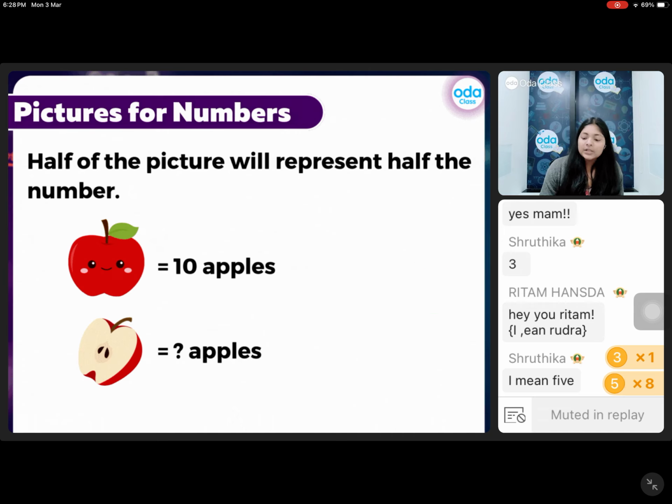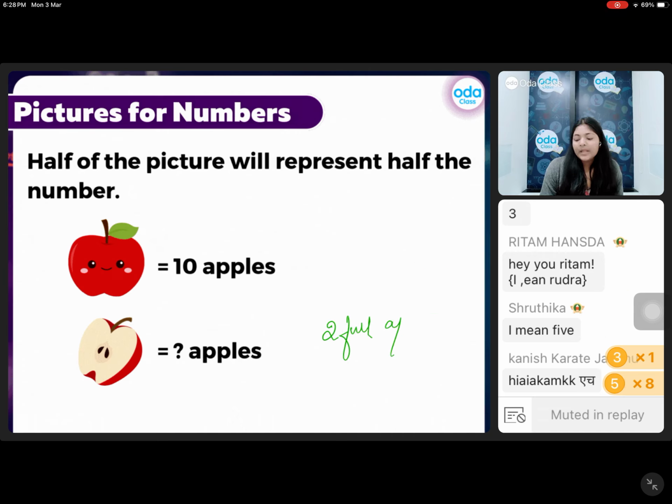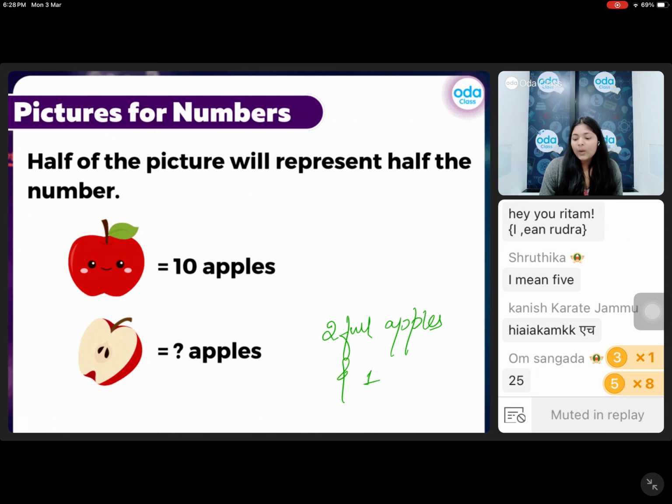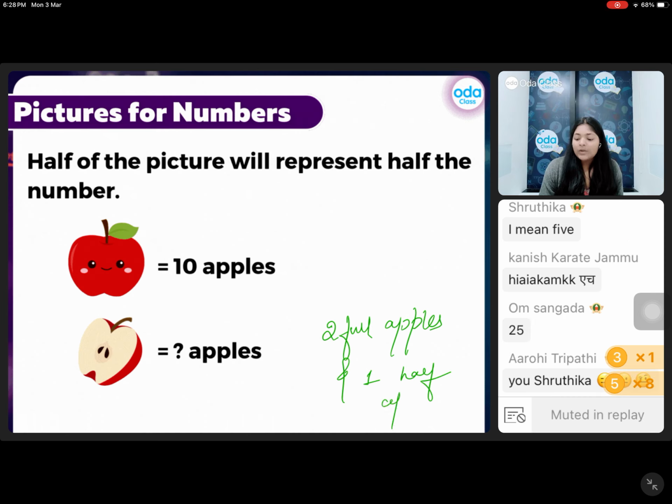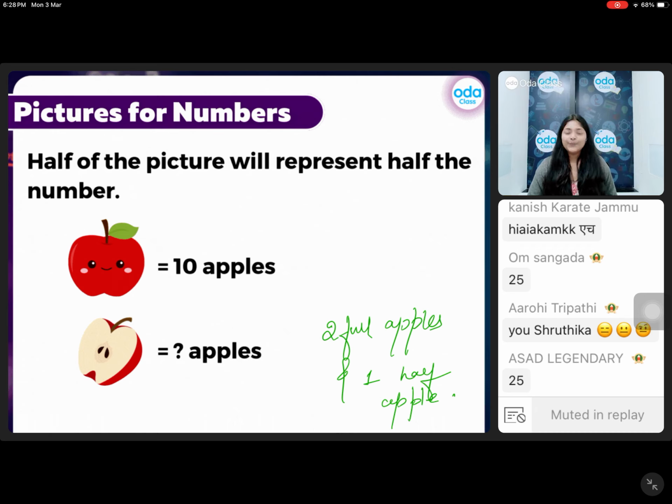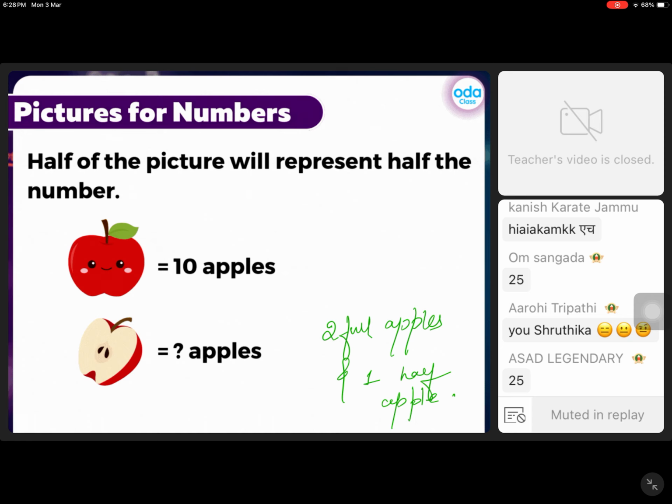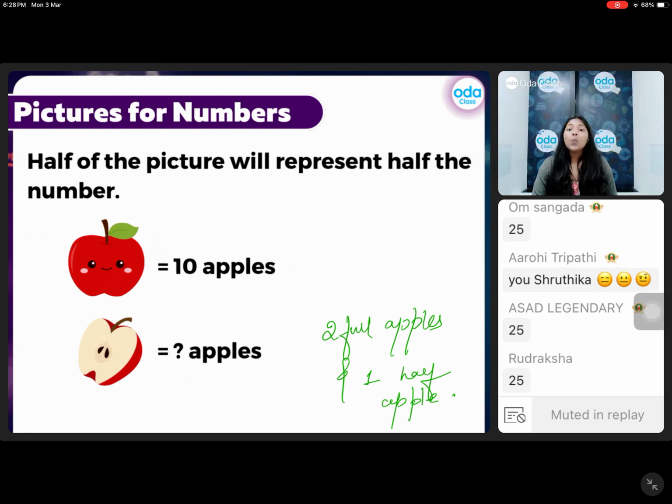Two full apples basically, and one half apple. If I have 2 full apples and one half apple, tell me what will be the value.